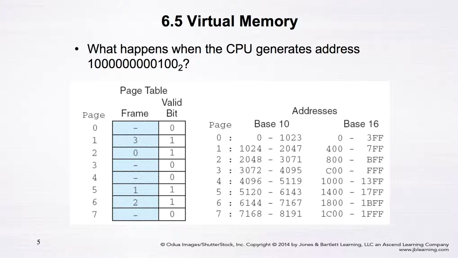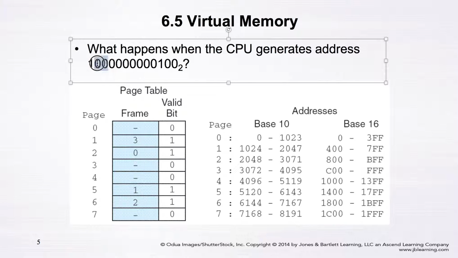The next question is, what happens when the CPU generates an address of 1000 and 100? This virtual address has 13 bits, and similar to the approach we had before, we take the first 3 bits right here. That's corresponding to the value of 4.